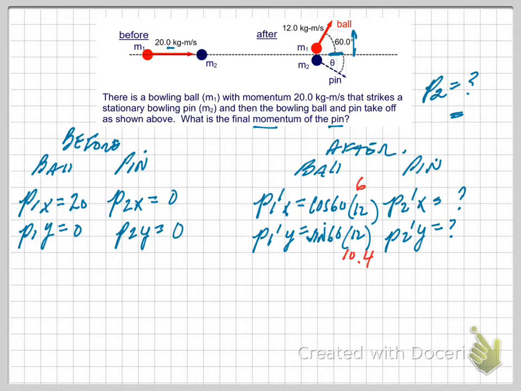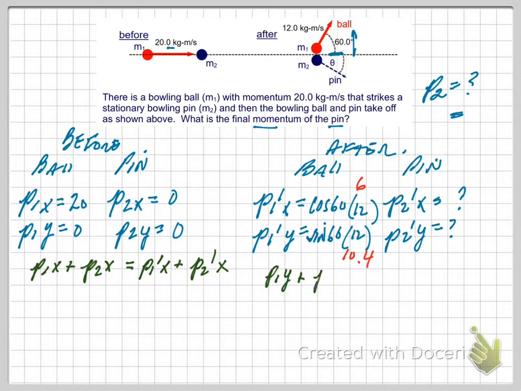All right, so conservation in the x direction. So we're going to have P1x plus P2x, that's the initial, equals P1 prime x plus P2 prime x. In the y direction, we have P1y plus P2y equals P1y prime plus P2y prime.